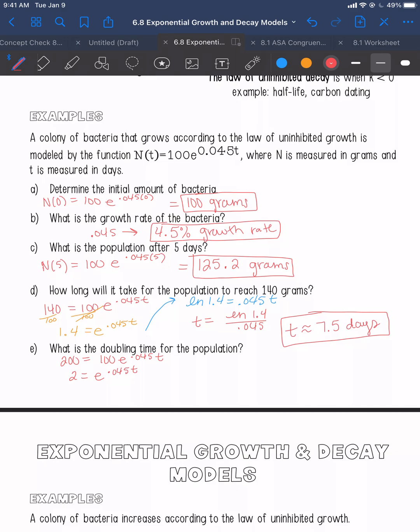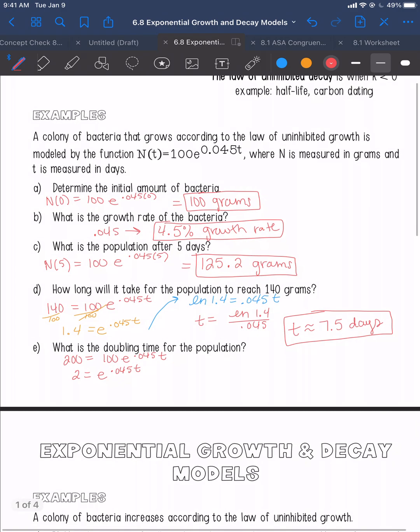So when you're asked for the doubling time or tripling time, whatever it is, you could just set the left-hand side equal to 2, 3, however many times we are duplicating the population, because it ends up dividing out anyways. So let's see, t equals the natural log of 2 divided by 0.045. So t is about 15.4 days.